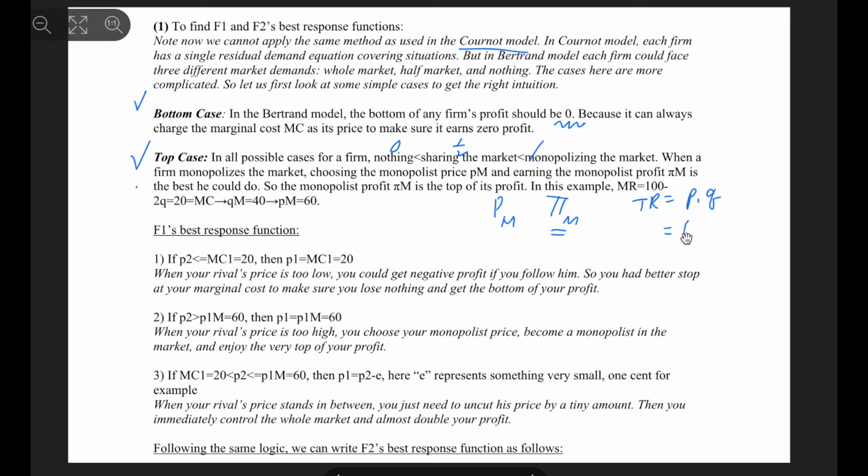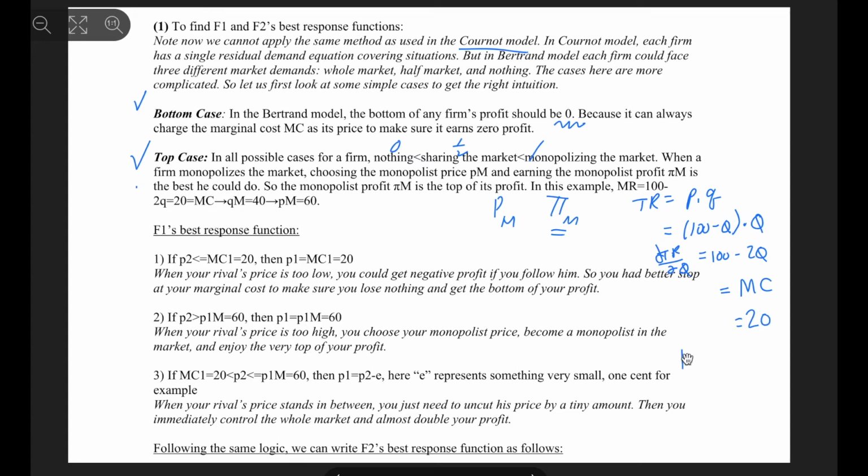So going back again, we have the total revenue equals P times Q, right? And we have P equals 100 minus Q, and in the best case, he is getting the whole Q, right? So if we take the derivative with respect to the total market Q, we get 100 minus 2Q, right? And we want to set that equal to marginal cost, and the marginal cost was $20, right?